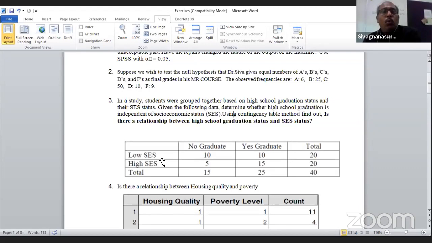So now I am creating a data set. Before that, let me take a note of it because I'm changing the screen.